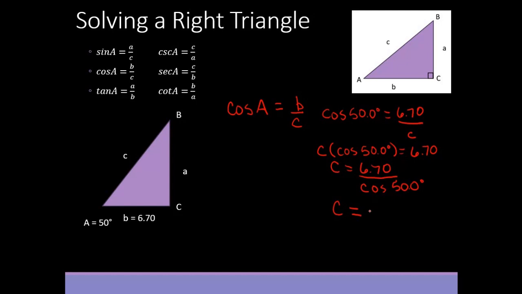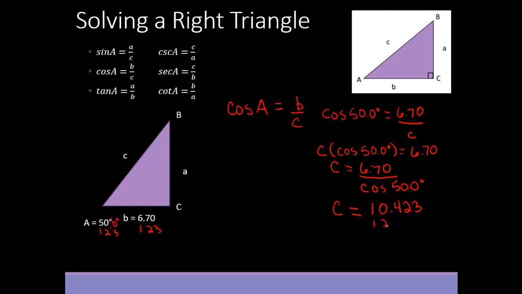Well, I get about 10.423. Now, how do I know how to round that? Well, we've learned in other sections that we have to pay attention to what is given to us in the problem in order to know how to round significant digits. Our original problem had 50.0 degrees, and that was 3 significant digits on both of those.